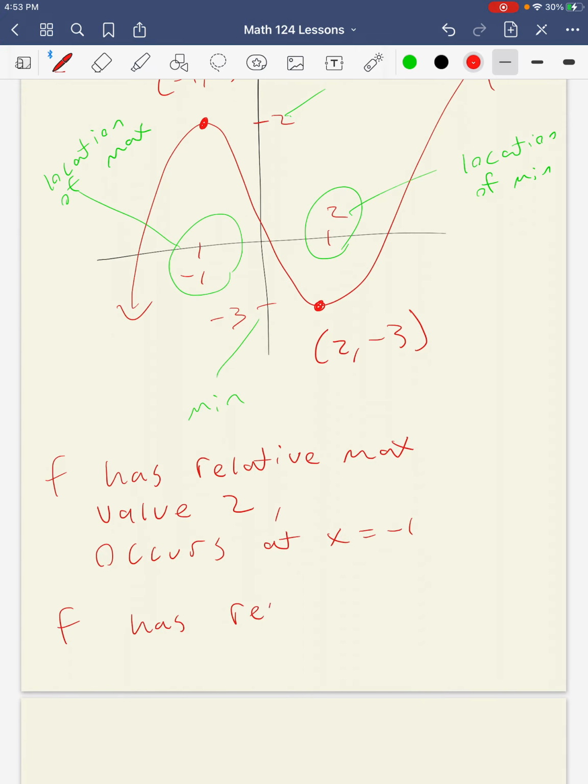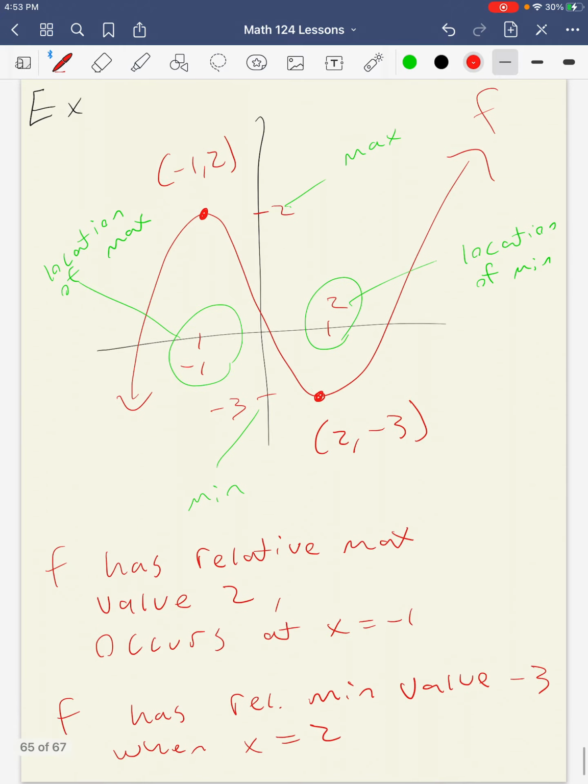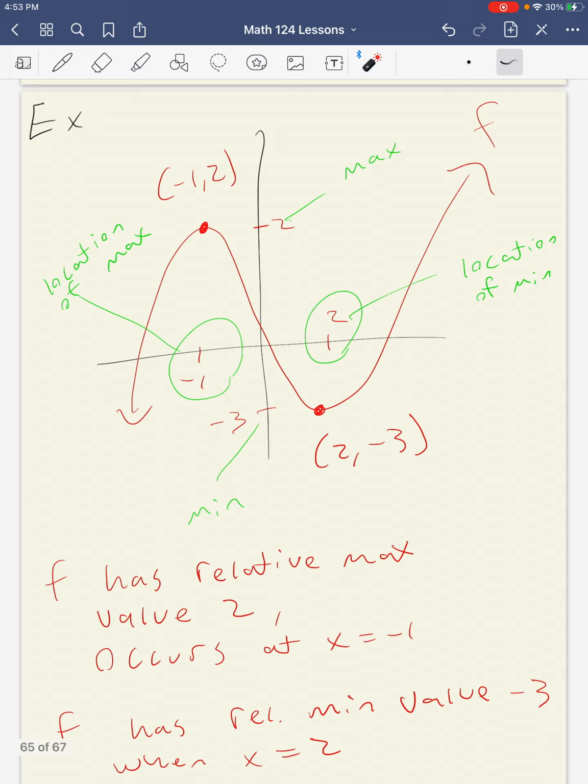F has a relative minimum value of -3, and that occurs when x equals 2. So that should be pretty straightforward from the picture.